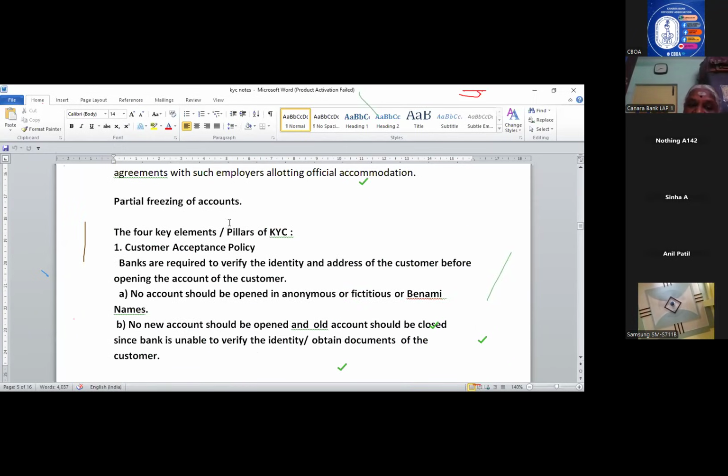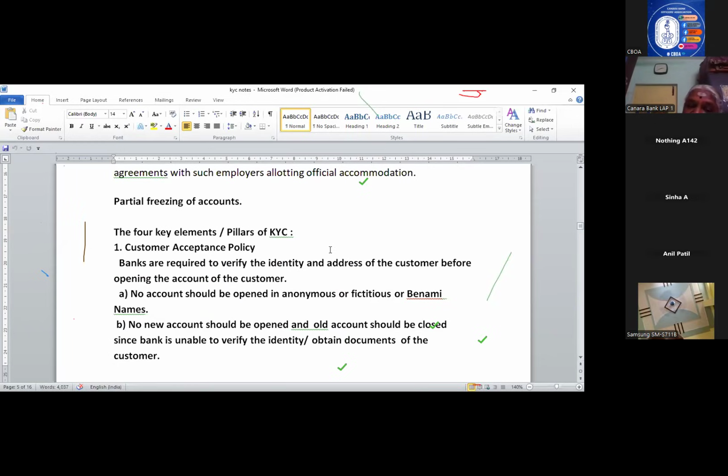Okay. Then coming to the main aspect of KYC, the 4 key elements or pillars of KYC are customer acceptance policy, customer identification policy, monitoring of transactions, and risk categorization. These are the 4 pillars of KYC. What do we mean by that?